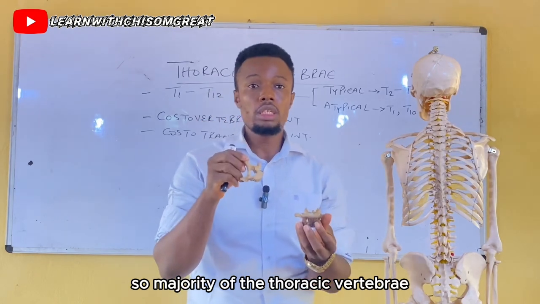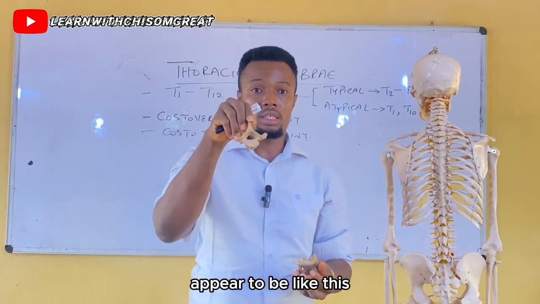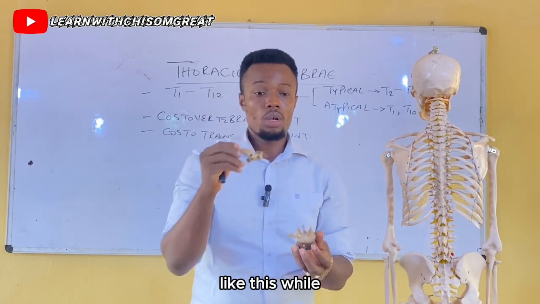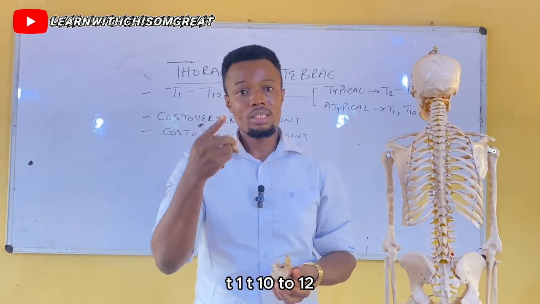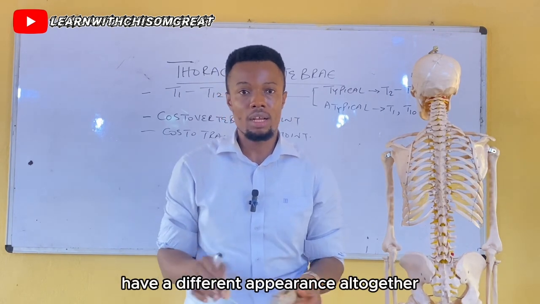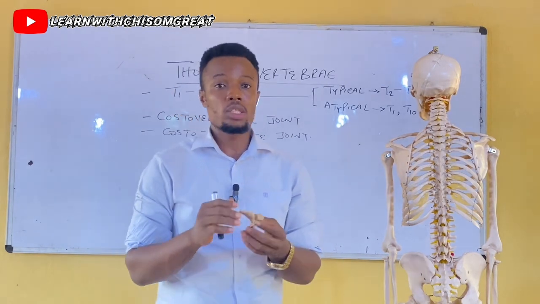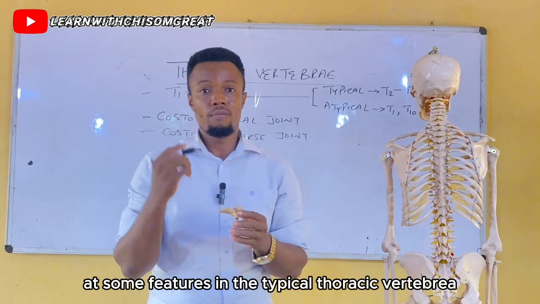The majority of the thoracic vertebrae appear to be like this, while T1 and T10 to T12 have a different appearance altogether. We are going to be looking at some features in the typical thoracic vertebrae.